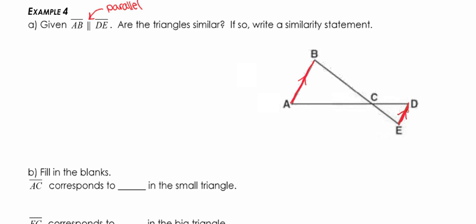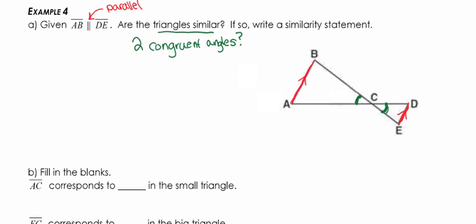Are the triangles similar? So again, anytime we're trying to answer this question as to whether or not they're similar, we're always looking for two congruent angles. So I do have, remember, those vertical angles that live around point C. That's one pair of congruent angles.